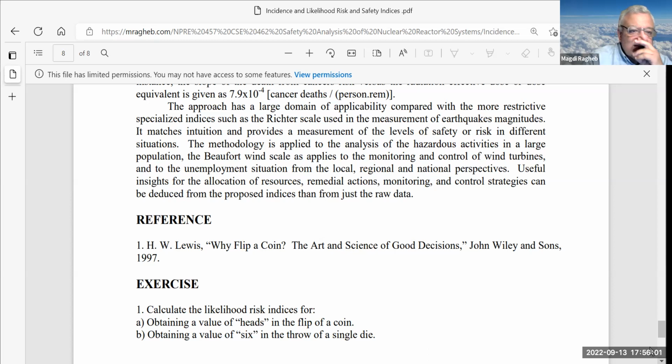The Beaufort wind scale, as applied to the monitoring and control of wind turbines, and the unemployment situation from the local, regional, and national perspective, have been given as examples. Useful insights for the allocation of resources, remedial actions, monitoring and control strategies can be deduced from these proposed indices rather than just depending on the raw data.